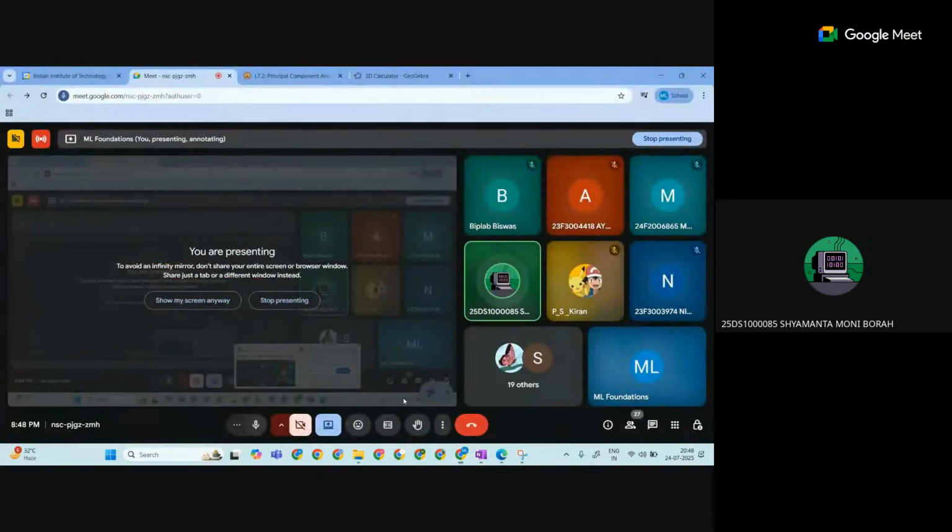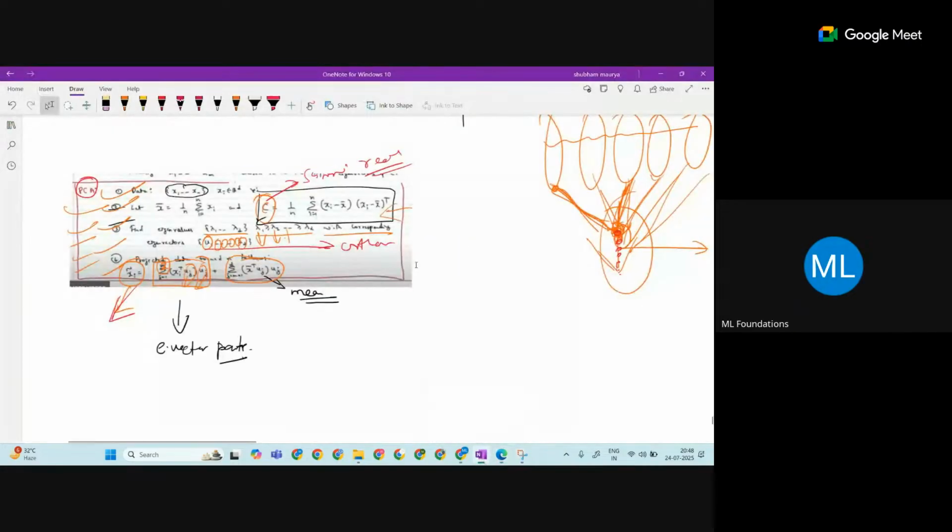Can you just go back, sir, and show that formula once? What they do is find the projected vector from the first part of the formula only, whereas the reconstructed vector they find by adding the second part, so it is the whole formula.